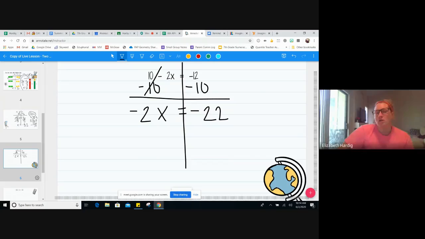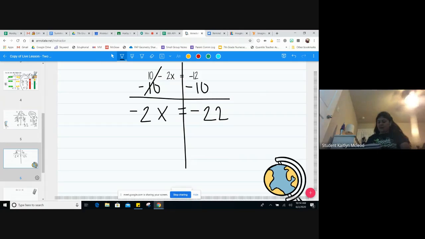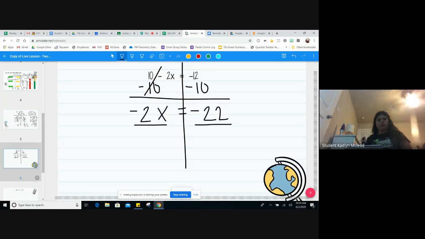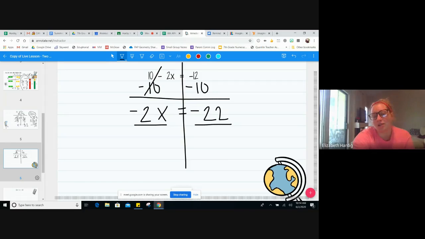So now x is just being multiplied. What's the inverse? Division. Right. So if x is being multiplied by -2, I need to divide by what? +2. If I divide by +2, is that going to cancel it out with 1?